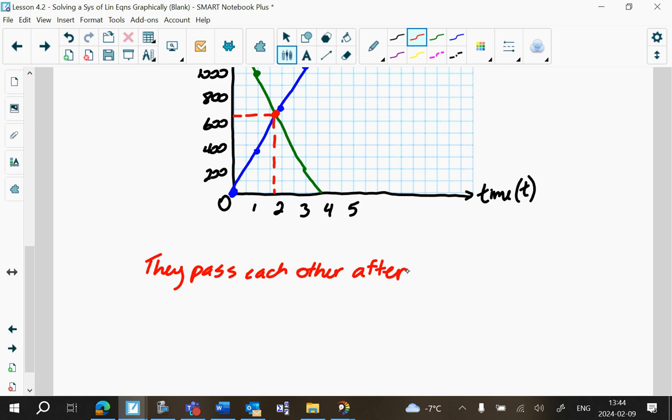If you drew it exactly, I mean, if you're using a ruler, better. Mine looks like it's about 1.7 hours. That's mine. Yours may look a little different. Go by yours. For distance, mine looks the same as yours, 650. They pass each other after 1.7 hours and are 650 miles from Ottawa.